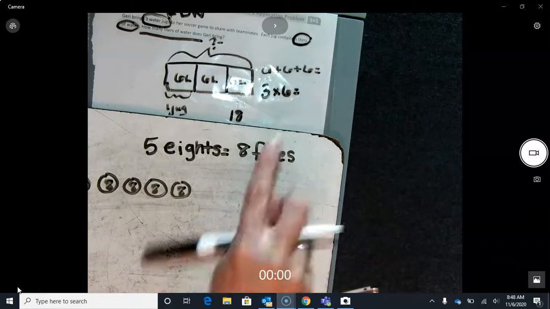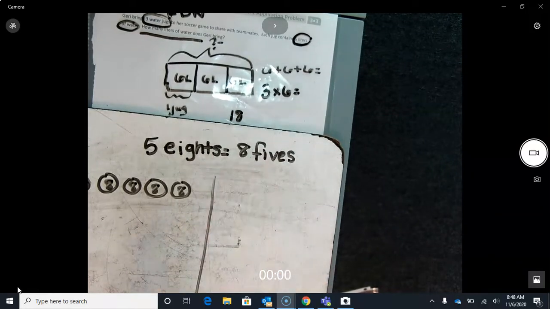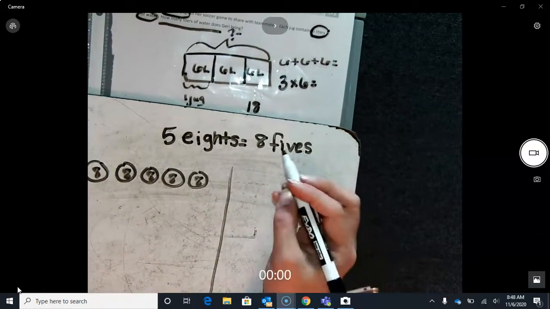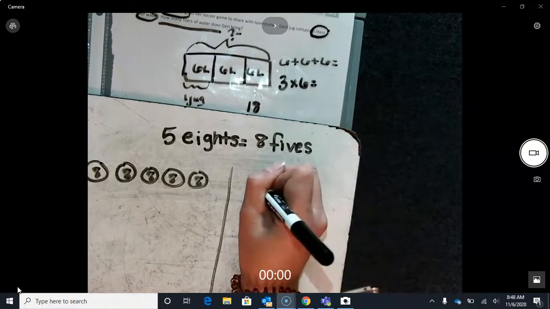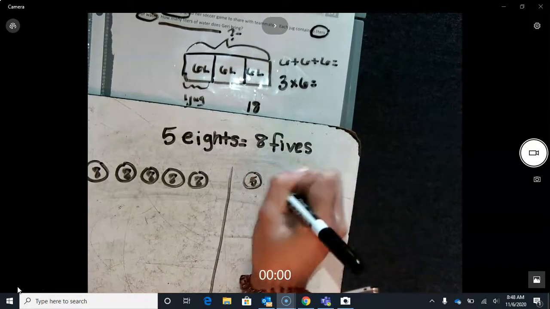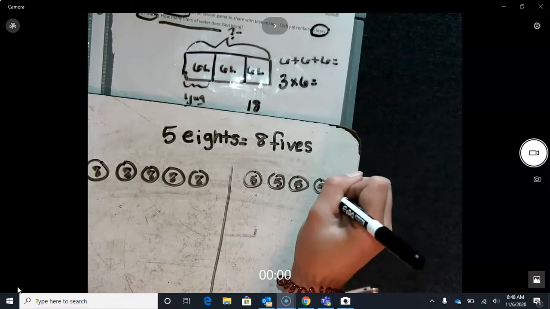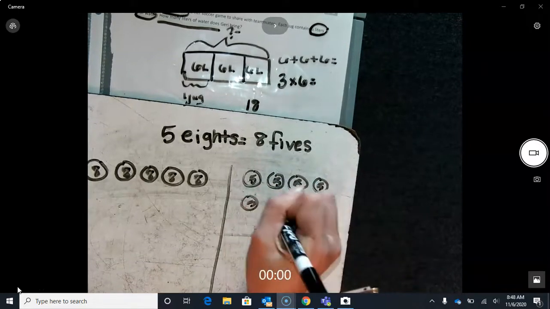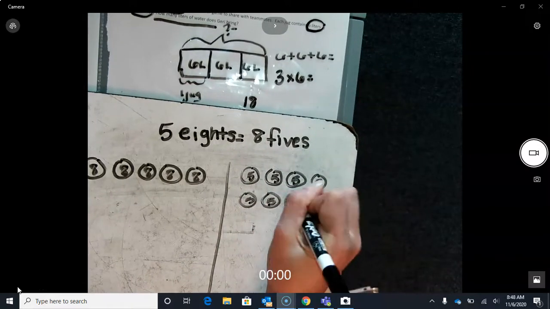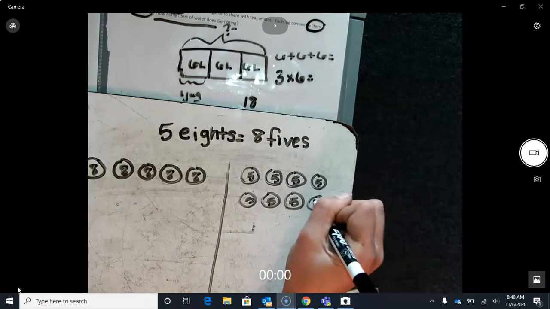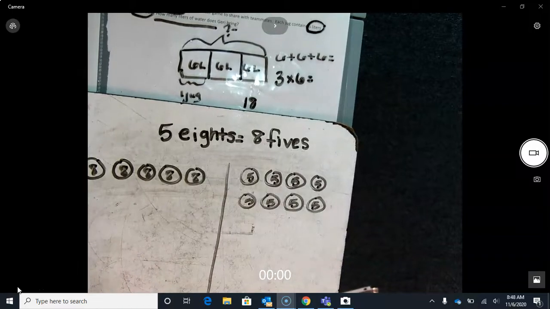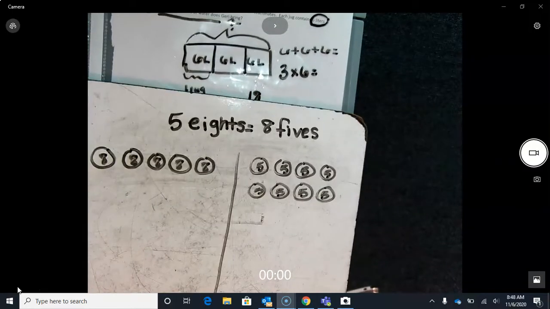Now we're going to draw 8 fives on the other side. 8 fives. 1, 2, 3, 4, 5, 6, 7, 8. Now we want to see if, with the commutative property, we get the same product.